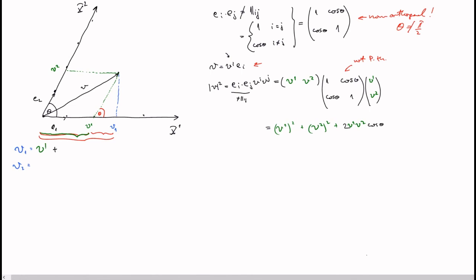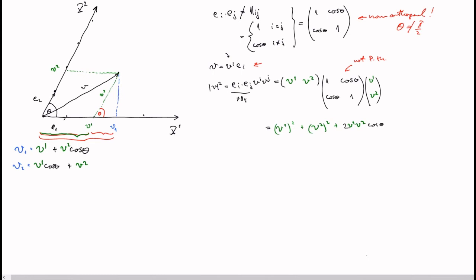And then there is a plus, and now we have to figure out what this other one is. Since this is V2, this is just going to be V2 cosine theta. And the second one is the same thing the other way around: V1 cosine theta plus V2. Aha, so now we have expressed these blue components in terms of the green components.